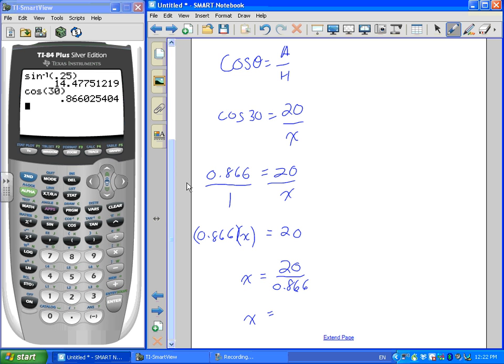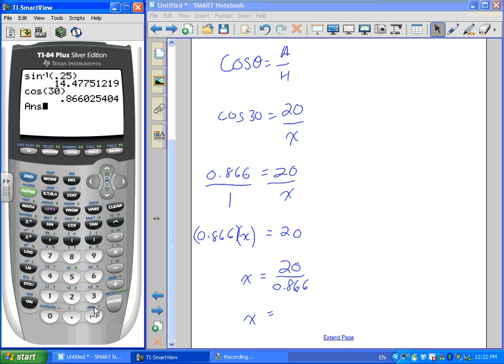Now I have my answer from above, so I'm going to use that same answer, second function answer. 20 divided by the above answer, which is 0.866, and it keeps going. So this way is a little more accurate.